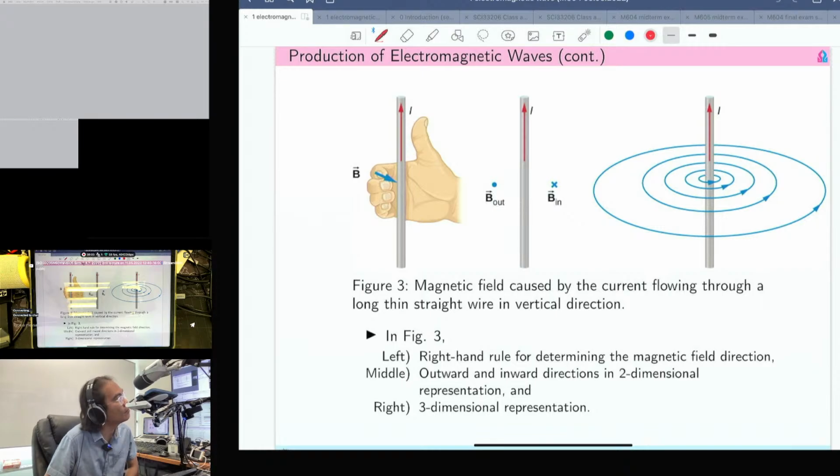The first one is the direction, and the second one is the magnitude. On that page you have already seen how we determine the direction of the magnetic field. Next we are going to consider the magnitude of the magnetic field.